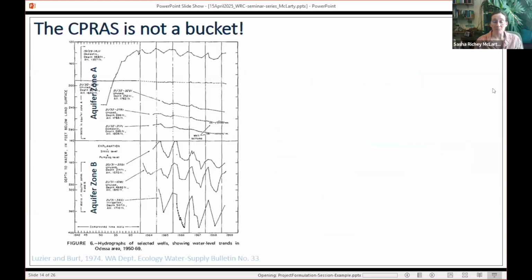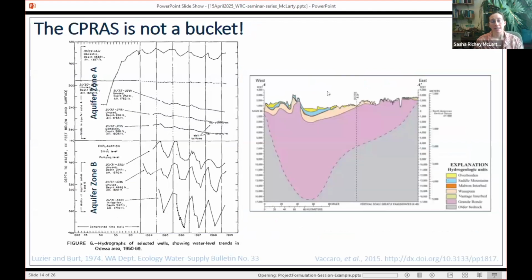And again, importantly, the CPRAS is not a bucket, and we've known this for a long time. This is well-known paper work from 1974, where already there's a delineation between different aquifer zones, aquifer layers. This is pulled from the USGS report, where this pink is the Grand Ronde Formation.